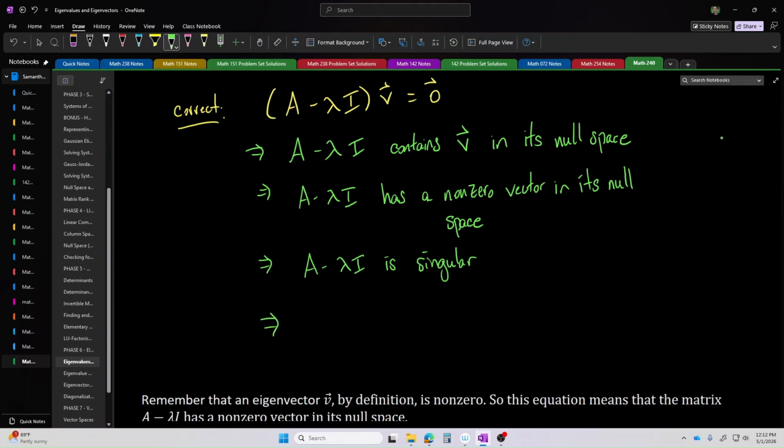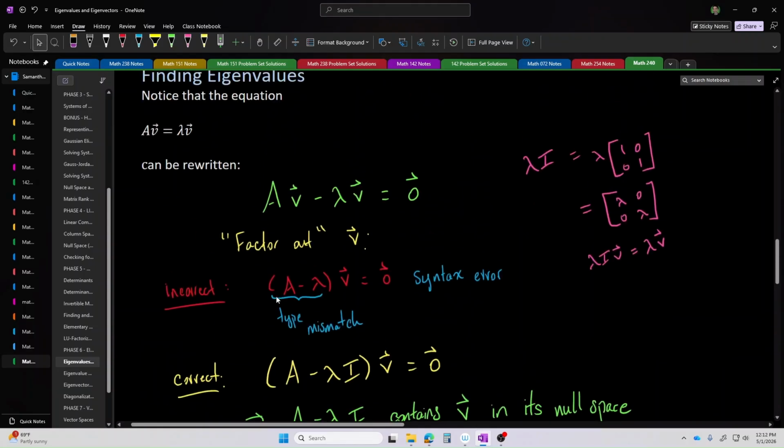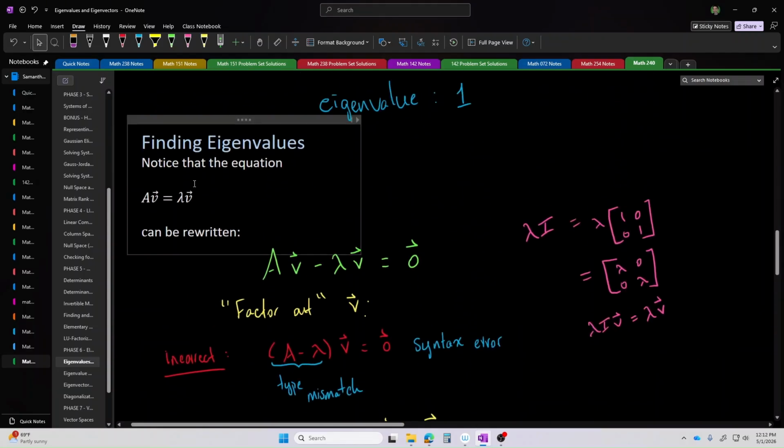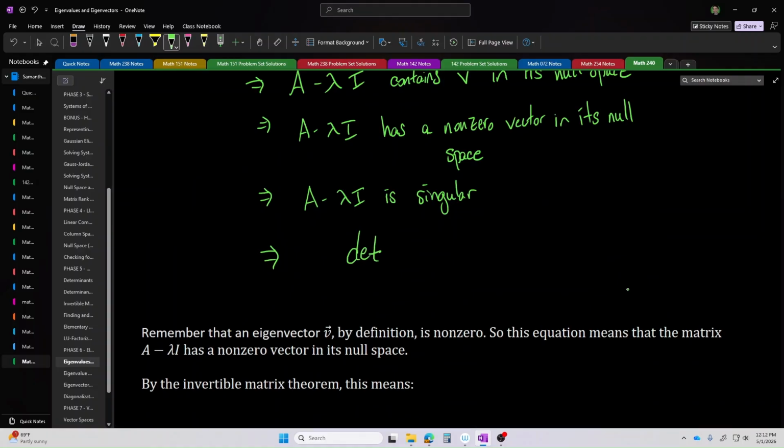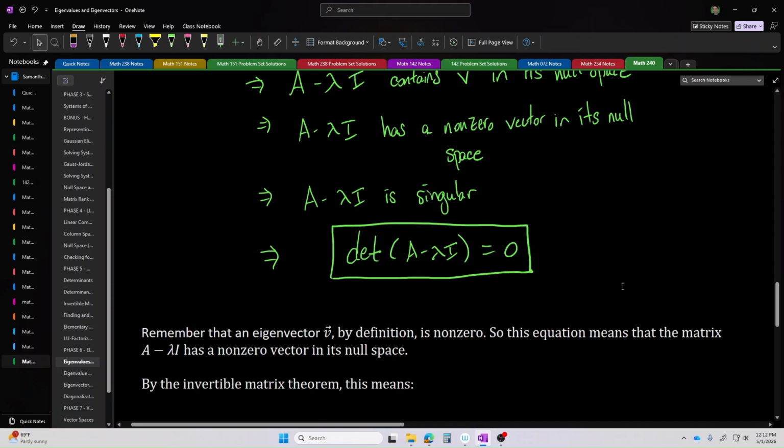If you have a matrix A with an eigenvector V and an eigenvalue lambda, that matrix must satisfy the equation that the determinant of A minus lambda I must be equal to 0. This equation is satisfied for any value lambda that is an eigenvalue of your matrix.